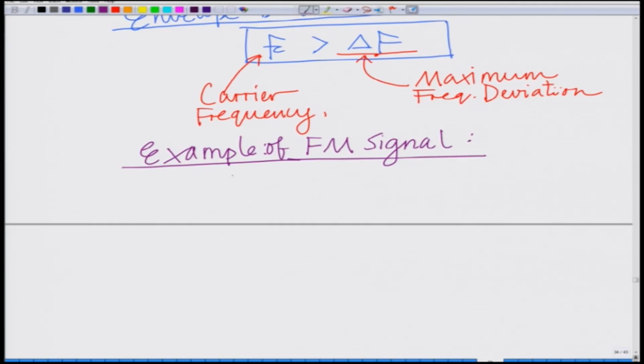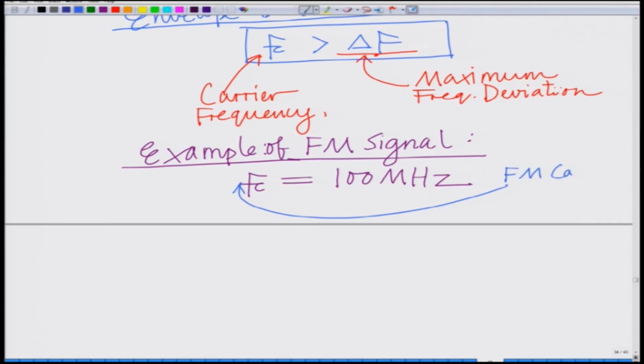For FM signals the carrier frequencies are typically in the range of 90 megahertz to about 105 or 110 megahertz, so they are of the order of 100 megahertz.